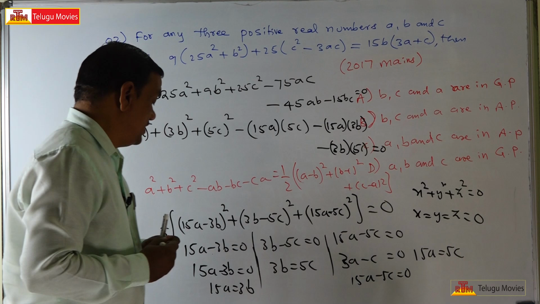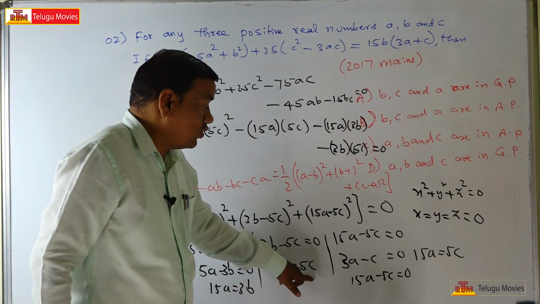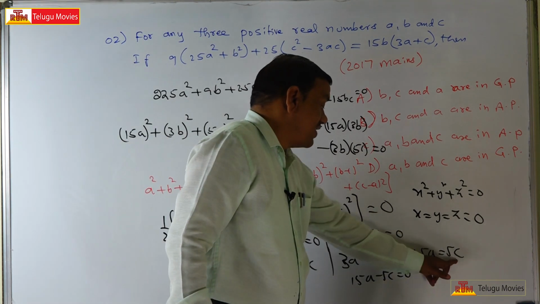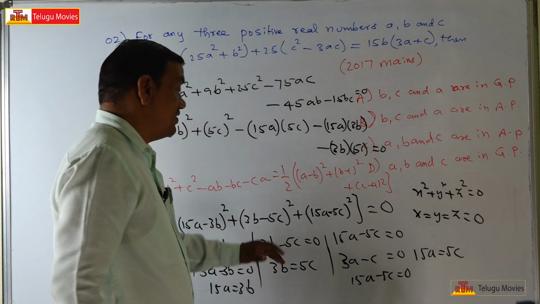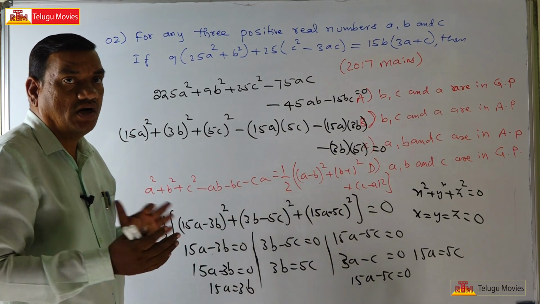So from all these things you can equate 15a, 3b, and 5c. These three quantities you can equate to one another.